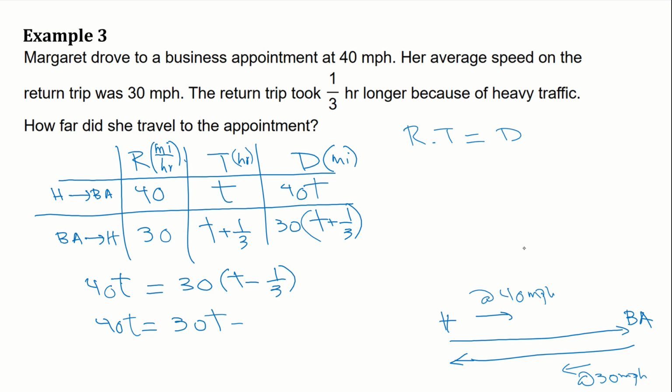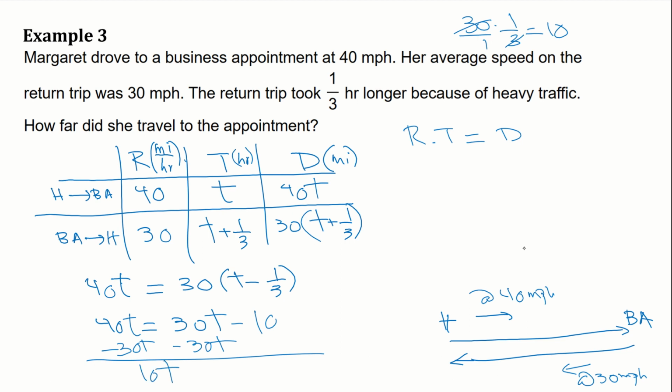So, and then minus 30 times 1/3. Of course, I'll show that on the side here. 30 times 1/3, that's like 30 over 1. So they cross cancel, they just give us what? 10. So now we'll get the t's on one side by subtracting 30t from both sides. So we end up with 10t is equal to, oh, this was a plus.